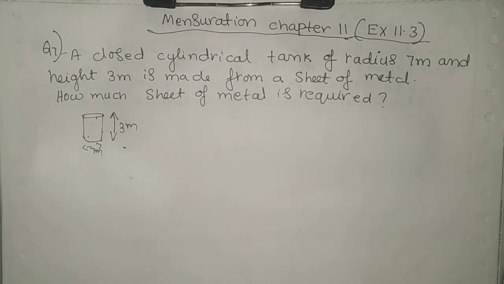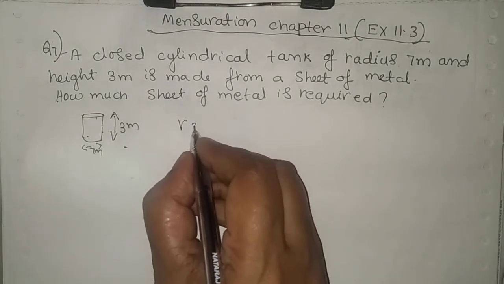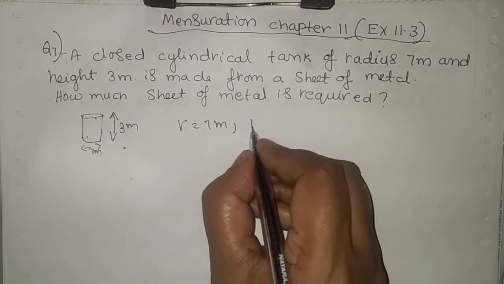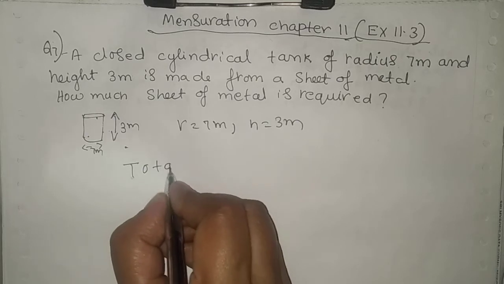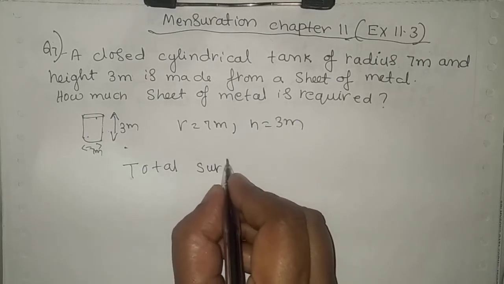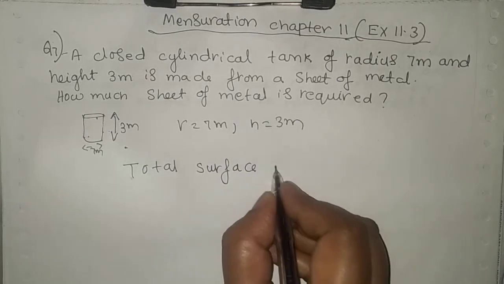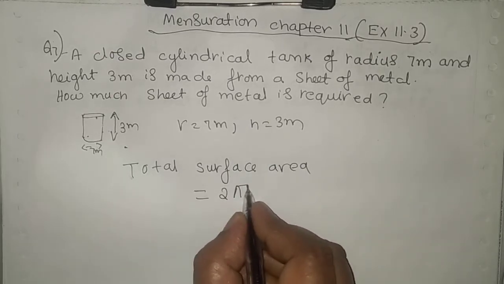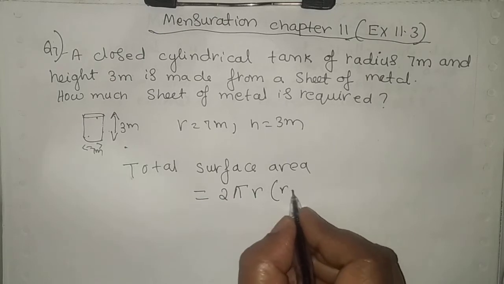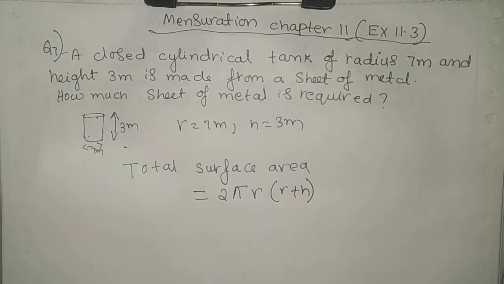So we have to find out. They have given radius is equal to 7 meters and height is equal to 3 meters. So total surface area is equal to, the formula given is 2 pi r into r plus h.